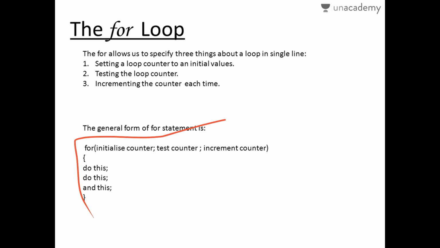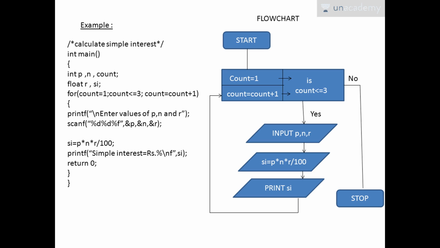Then you go back and increment the counter. Once you increment the counter, we again test. If it is true, execute, and go back for incrementing. The same procedure happens till the test condition becomes false.